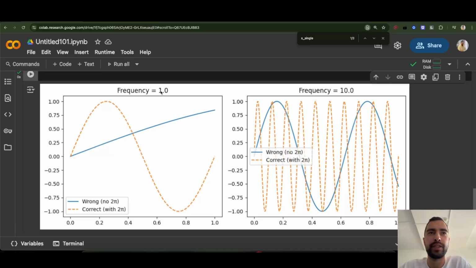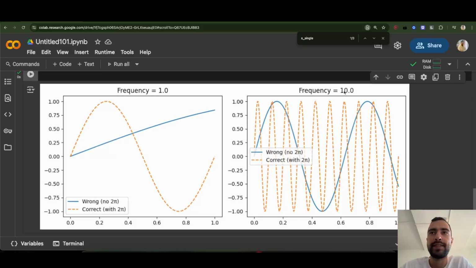When we have a frequency, some number, 1, what we want to give to the AI is that there is one full cycle of sine wave between 0 and 1. Or when the frequency is 10, we want to give to the AI a sine wave that has 10 full cycles, 1, 2, 3, there are 10 of them, between 0 and 1.